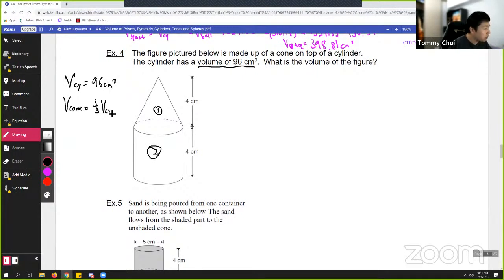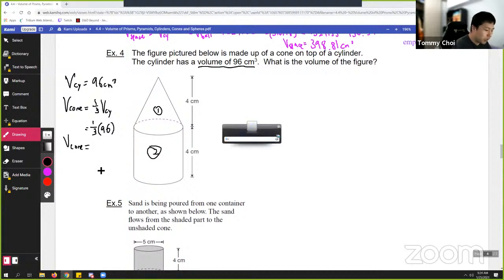Or I'll specifically use this, which allows me to do this, and I can get the volume of the cone very quickly. 96 divided by 3 gives me 32. And there, we have the volume of the cone. Once we have that, what's the volume of the figure?